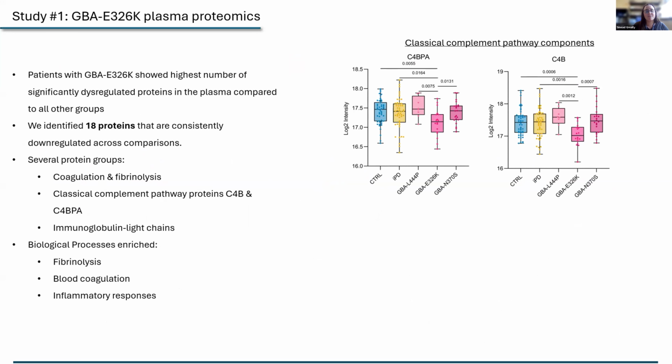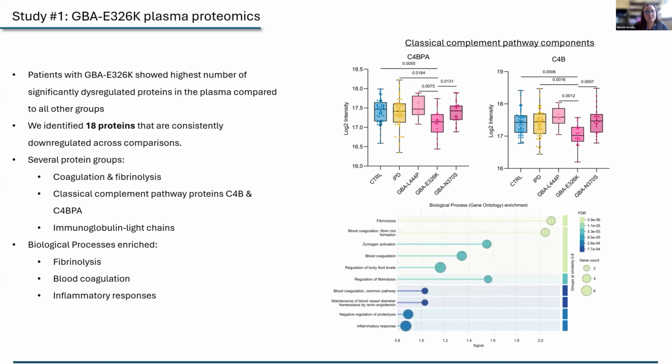These are proteins involved in coagulation, the complement proteins as shown here, and some immunoglobulin light chains. When we then looked at what biological processes are enriched in these 18 proteins, we saw once again a lot of anticoagulation, fibrinolysis, and some inflammatory response proteins.